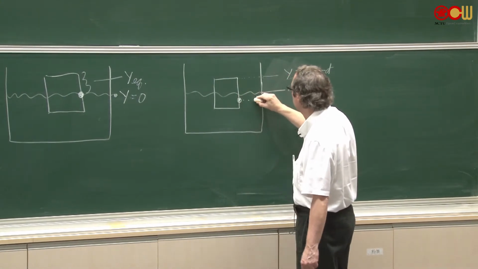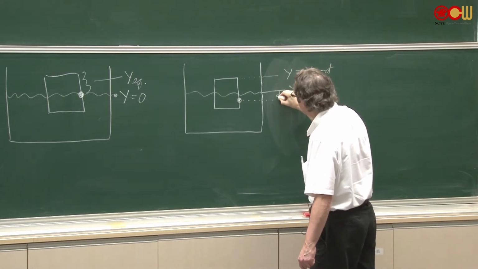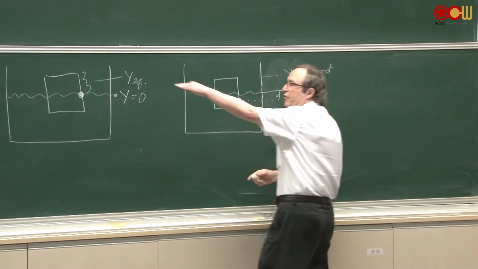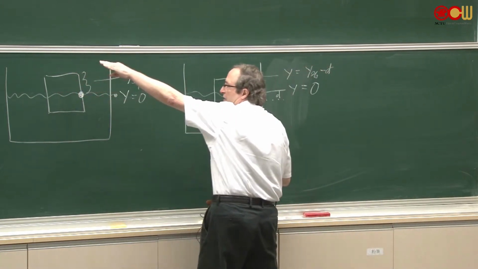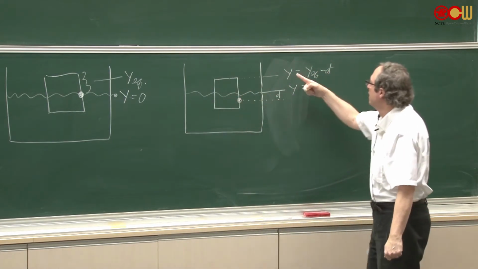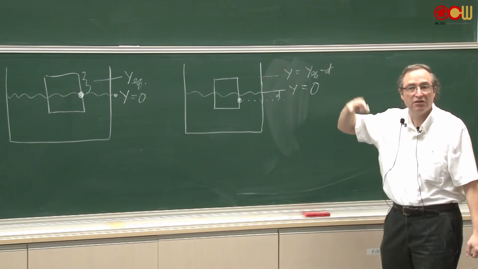And this distance here is d. I'm keeping my same origin. The top has moved down because I pushed down on the object. So y is not at y equilibrium. It's at a lower distance.